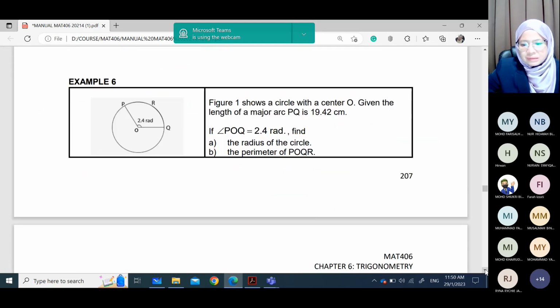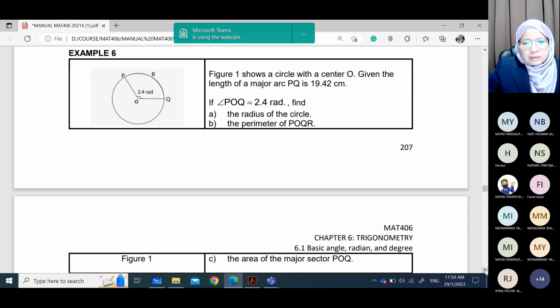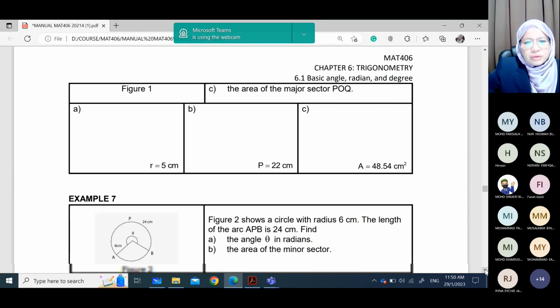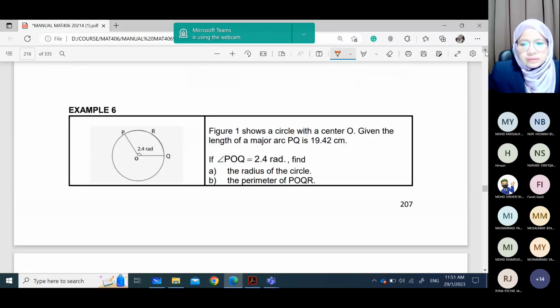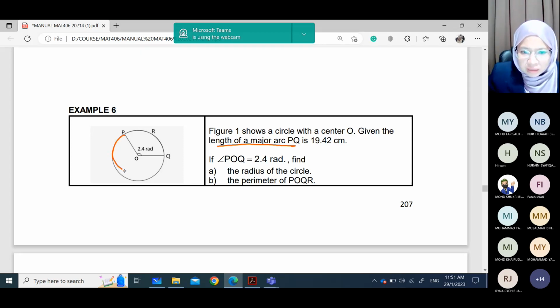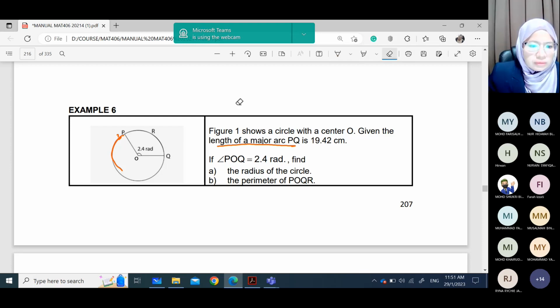Alright, so okay, example 6. Example 6, figure 1 shows a circle with a center at O. Given the length of major arc PQ, so PQ yang ini, yang length yang dia kata major arc PQ. Major arc PQ, this one.